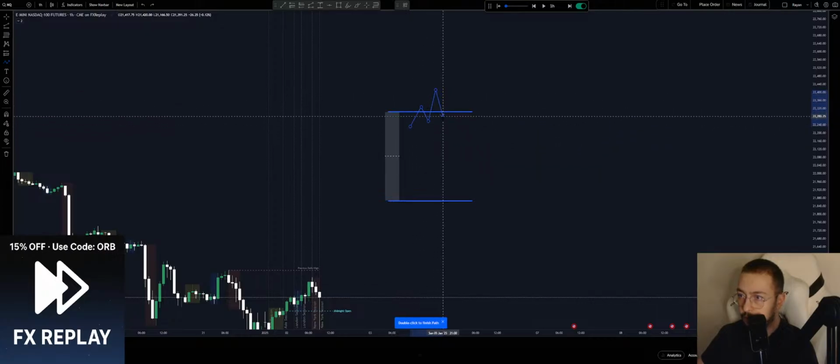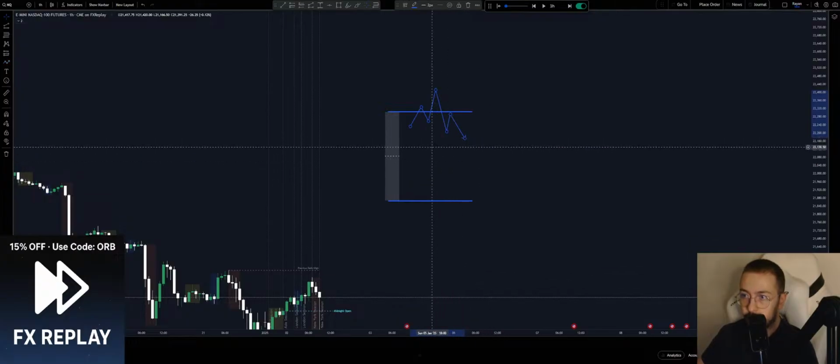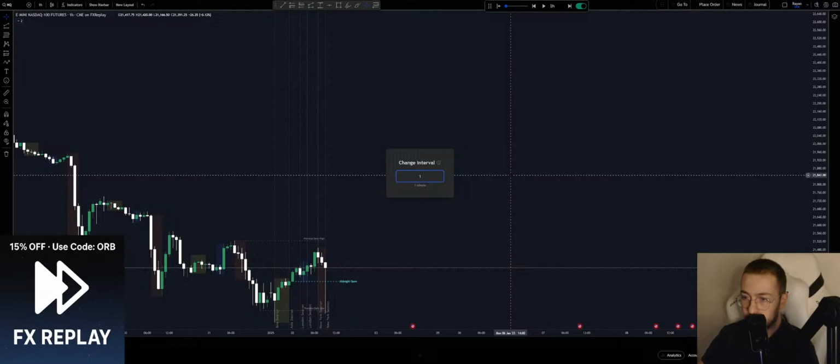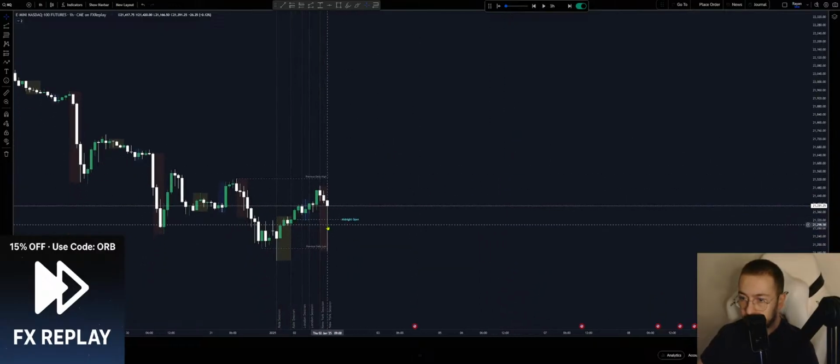Then we need to see a displacement. That displacement creates a break of structure, leaving a fair value gap behind. The price retests the fair value gap. That's our entry. So we're gonna place a limit order right there, and our stop is at the recent high. Target 2 risk to reward, and at 1R we just move stop loss to break even.